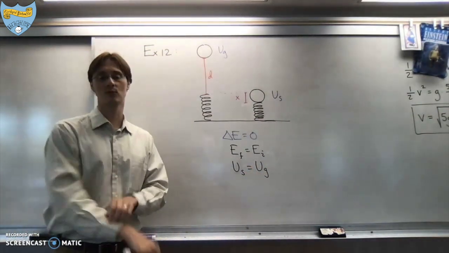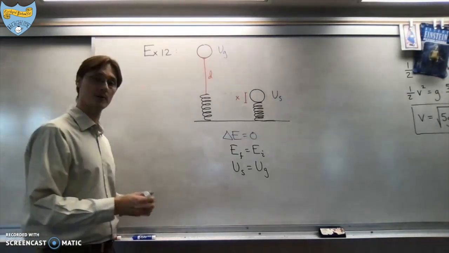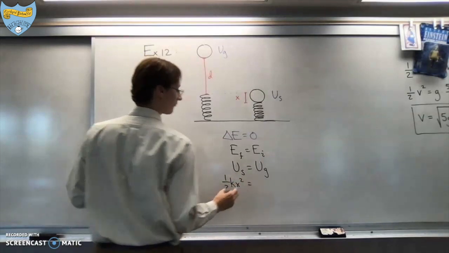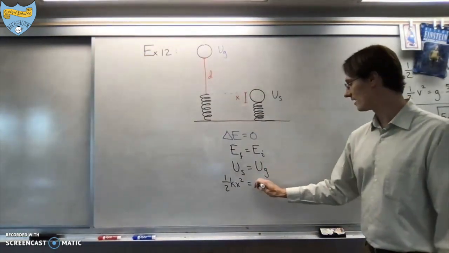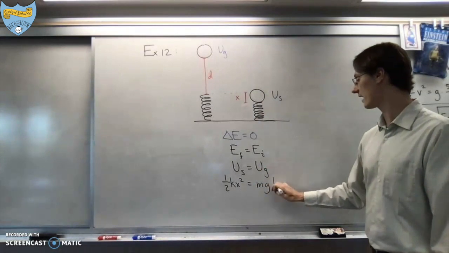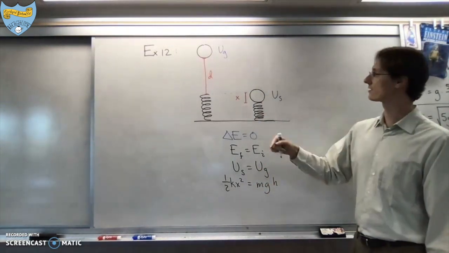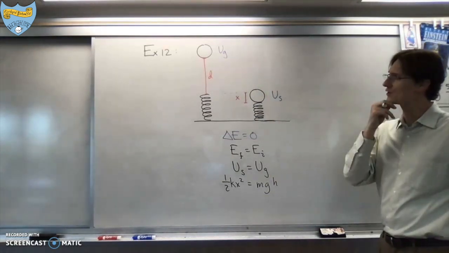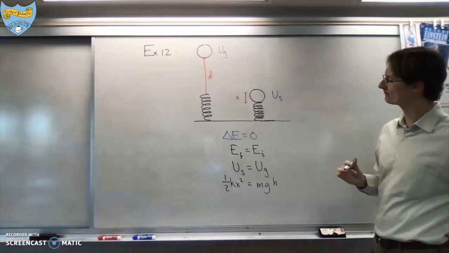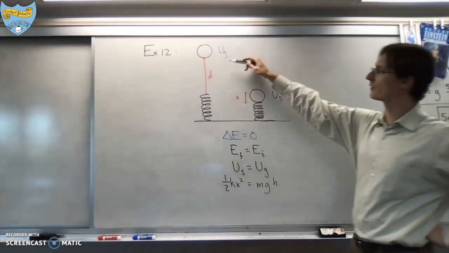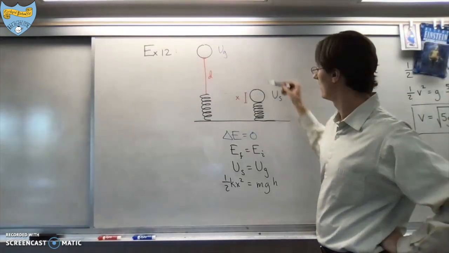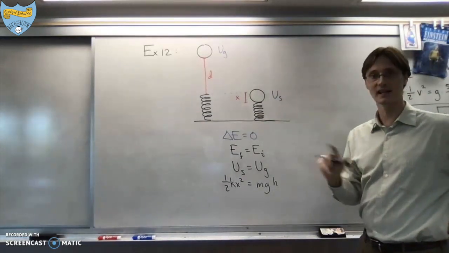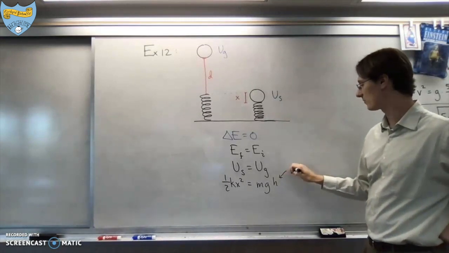The reason is that when they plug in for the gravitational potential energy, they imagine that when it says mgh, that h is d. Now take another look at the picture and see if you agree with that assessment still. What you should see is that the bottom of the bowling ball has gone from being here to there. That means that the h you should be using isn't d, it's actually d plus x.